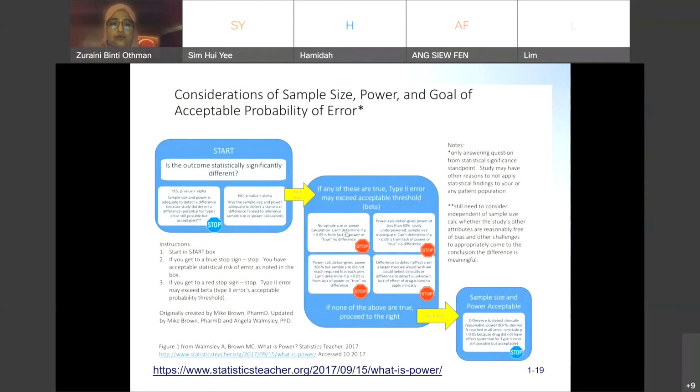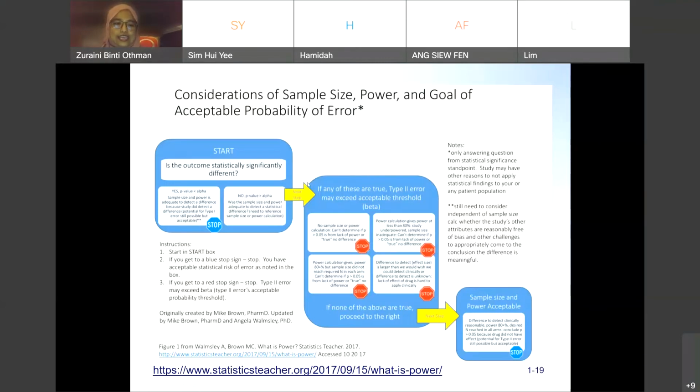If no sample size calculation can determine whether p greater than 0.05 is from lack of power or a true no difference, we stop here. In the case where power calculation gives power less than 80%, the study is underpowered and the sample size inadequate; we cannot determine if p greater than 0.05 means lack of power or a true no difference, then we stop.